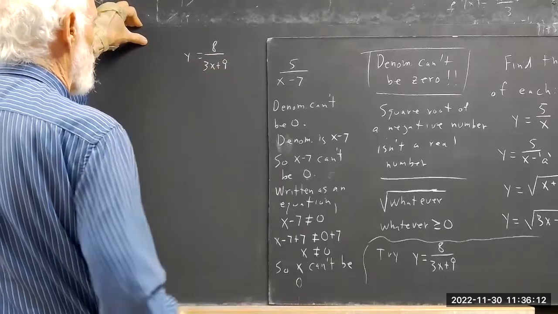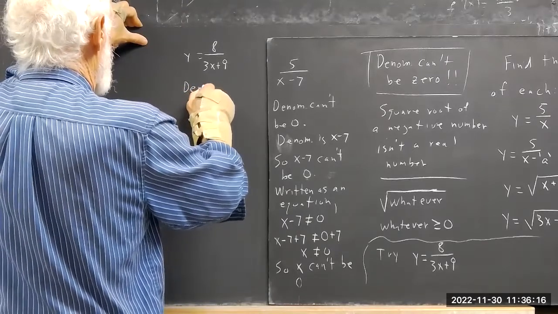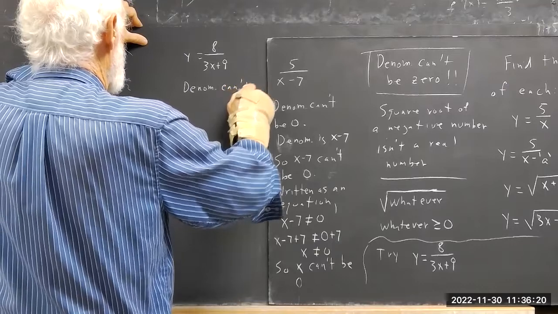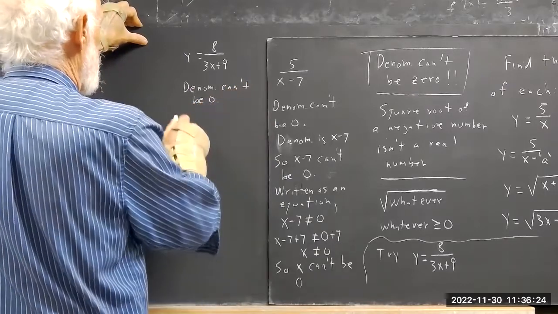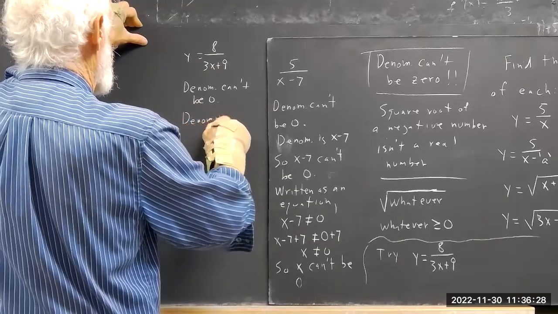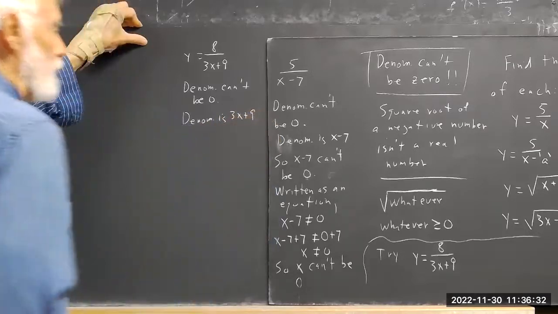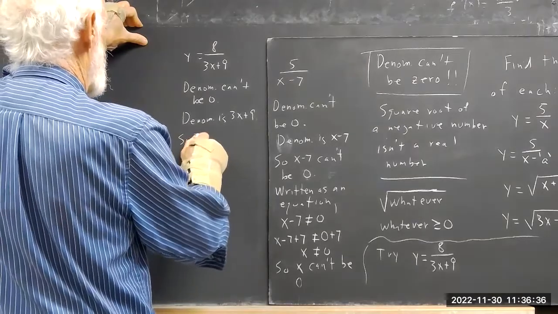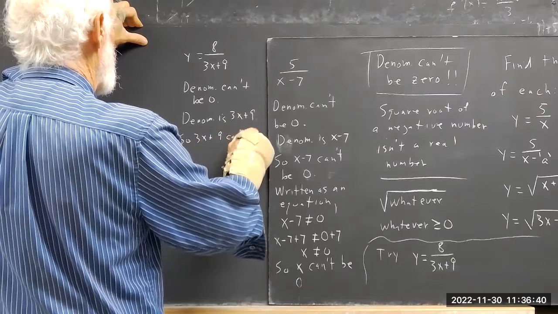y equals 8 over 3x plus 9. Denominator can't be 0. Identify the denominator. Denominator 3x plus 9. 3x plus 9 can't be 0.